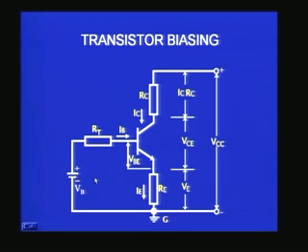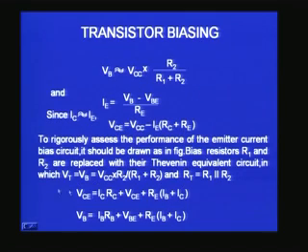Therefore, the two basic equations, of the base side and the emitter side, can be written. VCC is equal to ICRC plus VCE plus RE into IB plus IC. Now we are ignoring the contribution from IB. This is a more rigorous equation, and that is why we wrote a simpler equation here for the VCE.